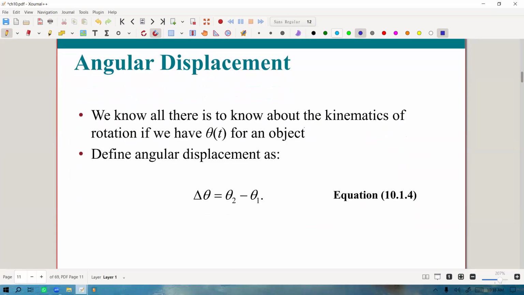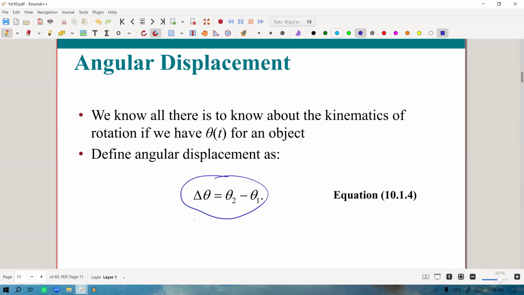So here is angular displacement. We know there is a note about the kinematics of rotation. If we have theta defined by time for an object, we define angular displacement. So delta theta is theta 2 minus theta 1. It means final angle minus initial angle.